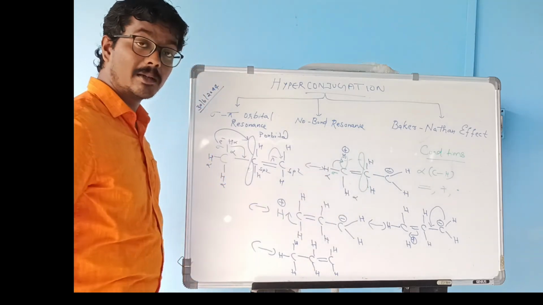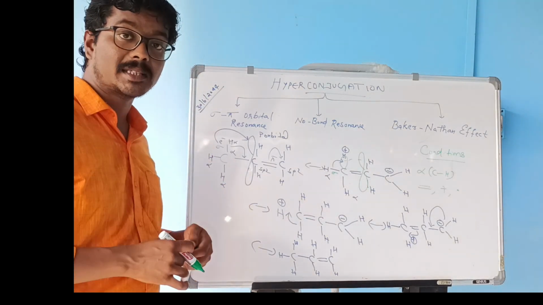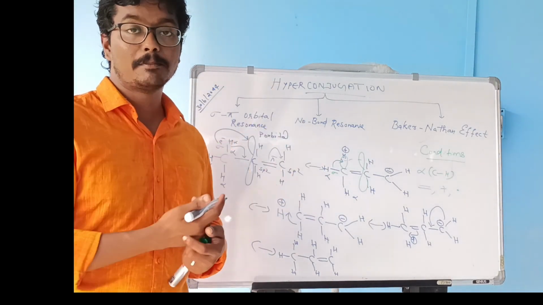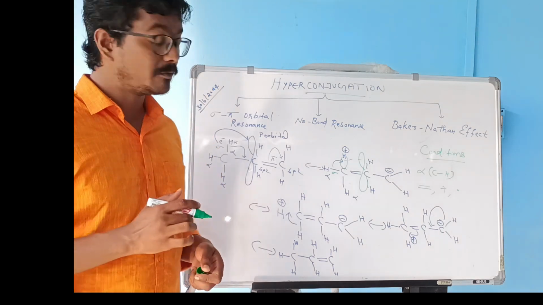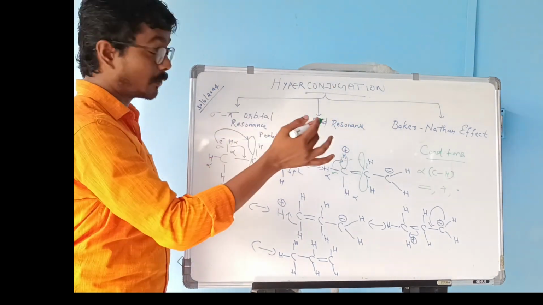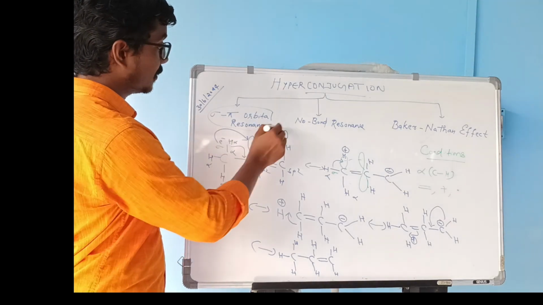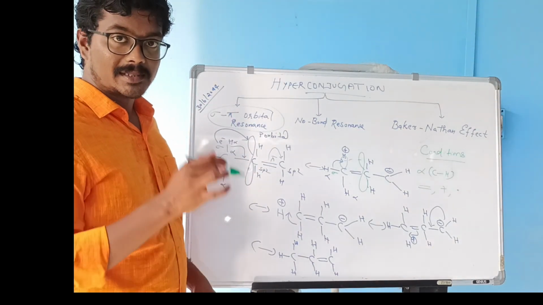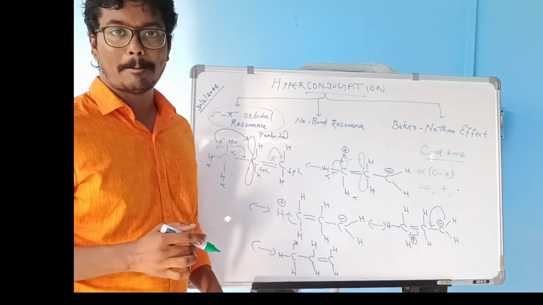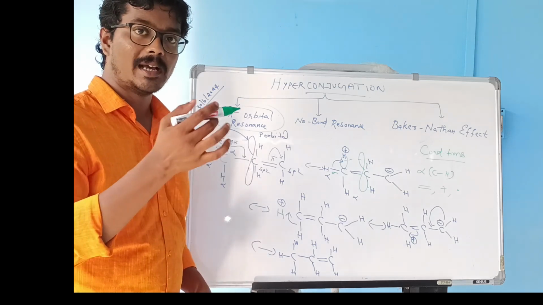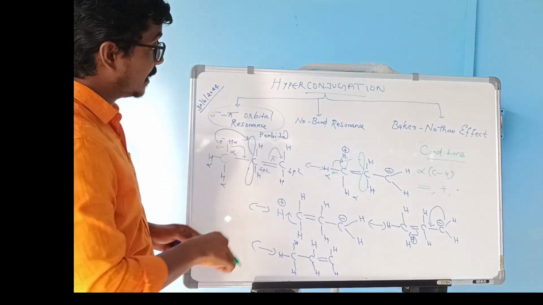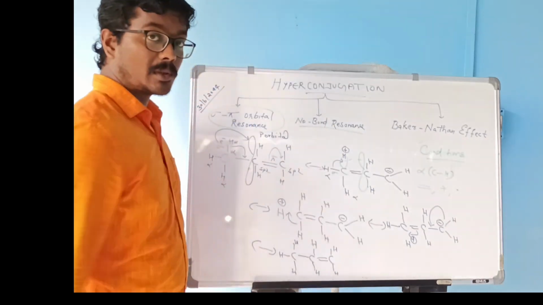This gets overlapped, so the sigma electrons are moved to the adjacent p orbital. That's the reason why it is also known as sigma-pi orbital resonance. Sigma electrons are moved towards the pi orbital or p orbital of the adjacent carbon atom. And why is it called no bond resonance?